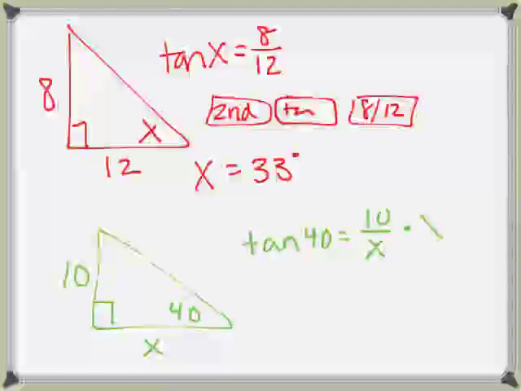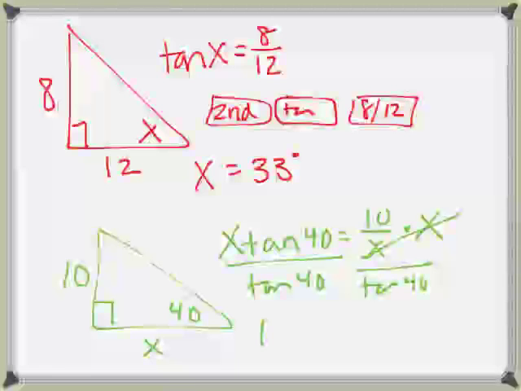I need to multiply by x because that's what's going to cancel the bottom. But unfortunately, that didn't get my x alone. It just moved my x, and now it's with other stuff than it was before. So how do I get it alone now? Divide by the tangent of 40. So on your calculator, you would need to do 10 divided by tangent 40.